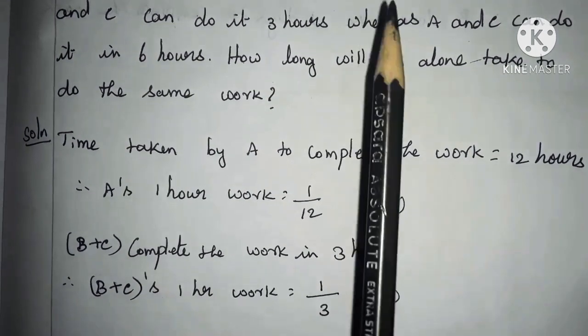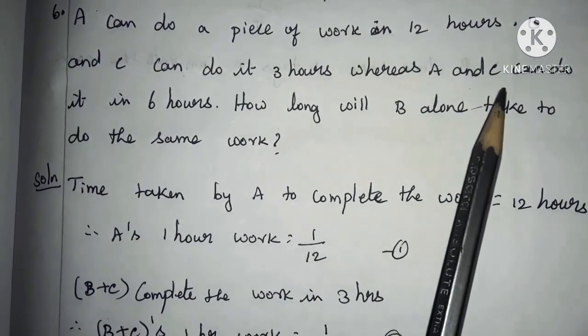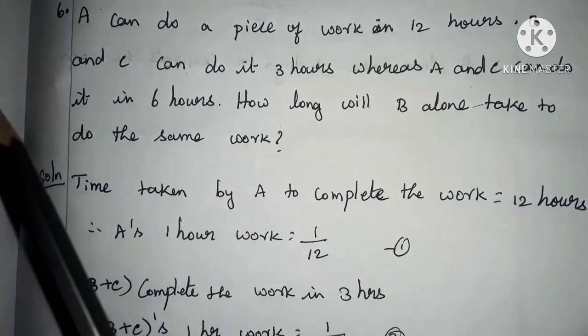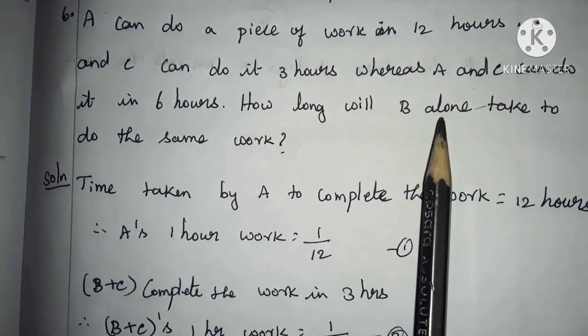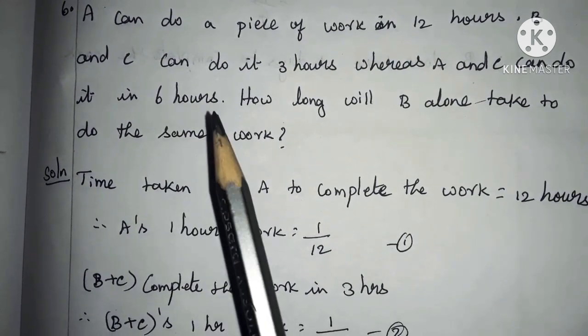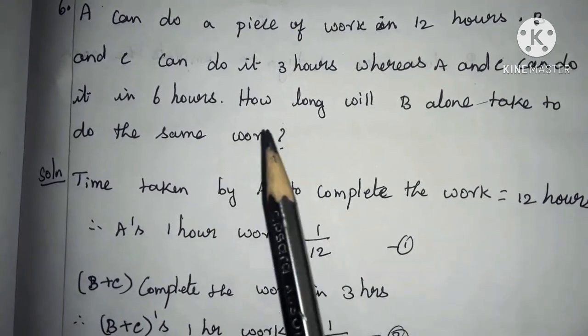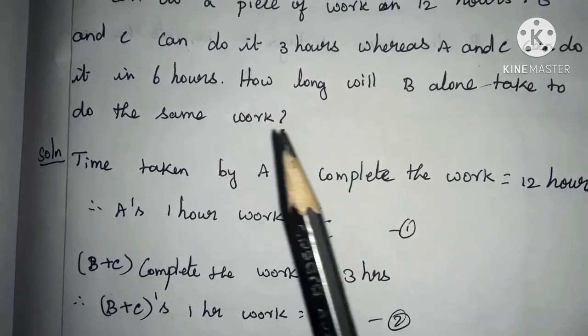Here they have given three pieces of information. First, A does the work in 12 hours, B and C joined together complete it in 3 hours, and A and C complete it in 6 hours. You have to find out how long B takes to complete the same work.